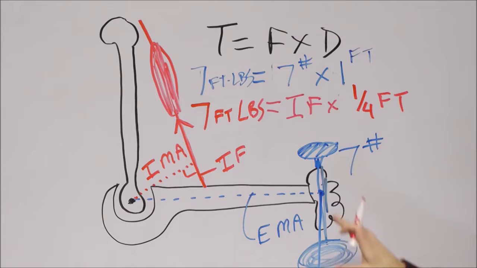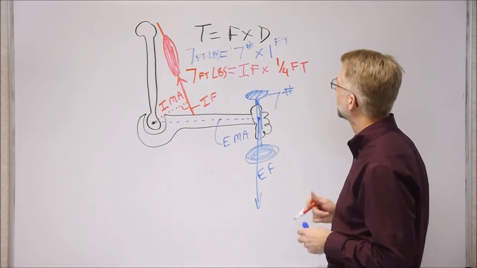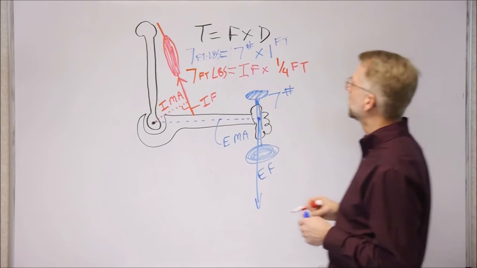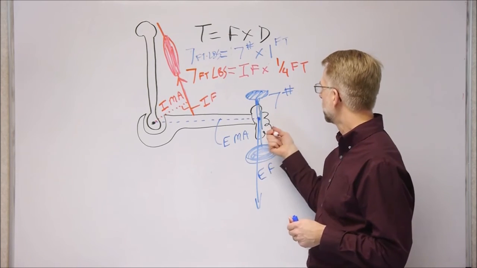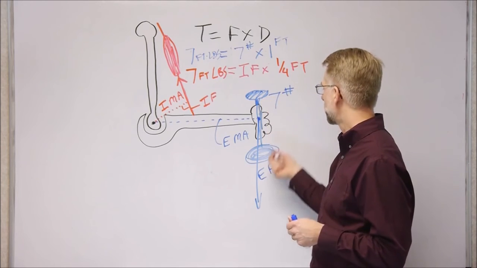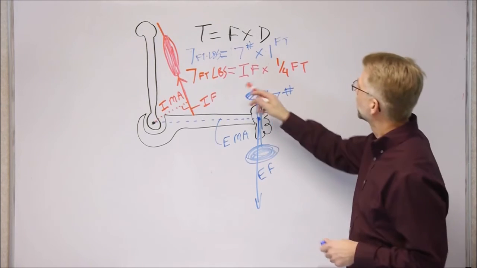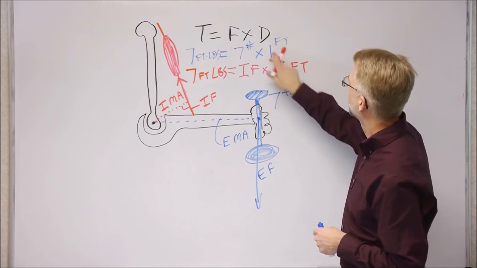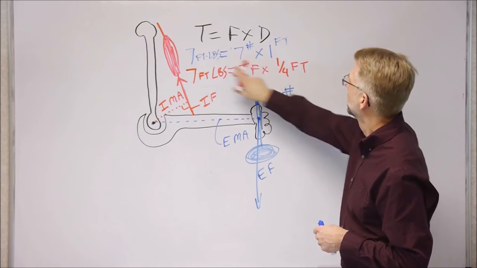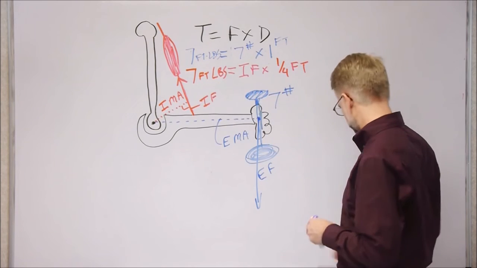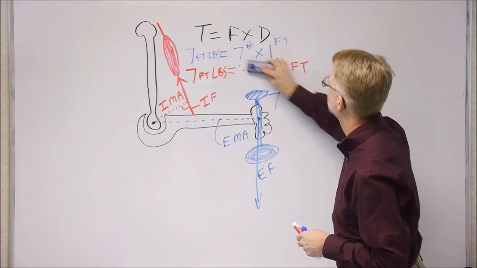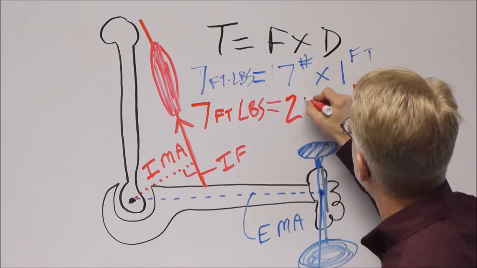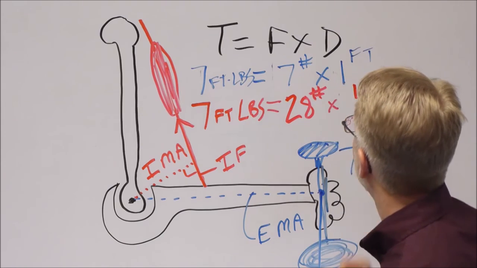All right. And what we're wondering then is, well, how much force does this biceps have to generate in order to equal the torque created by the 7-pound weight in my hand? Well, if you want them to be equal, you just make these two formulae equal, and then again, it's fairly straightforward. We've kind of already done that here. We just have to solve for our internal force. And if you do the math, that then is going to be 28 pounds.